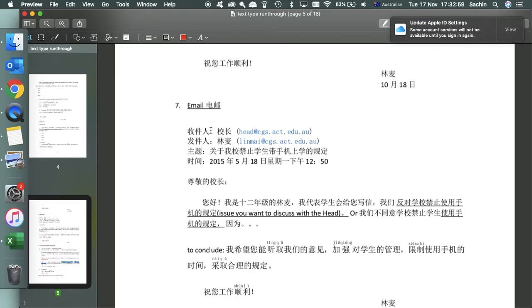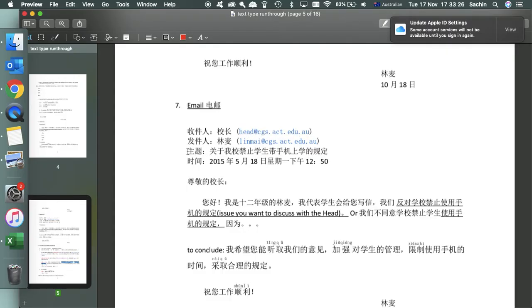So here you make up a name for yourself as the sender, and make up the name of somebody else. If it's addressing a particular person, you put something like, say, Xiaozhang or Jingli, manager, and then you also got to put this made up email address just to secure those marks.